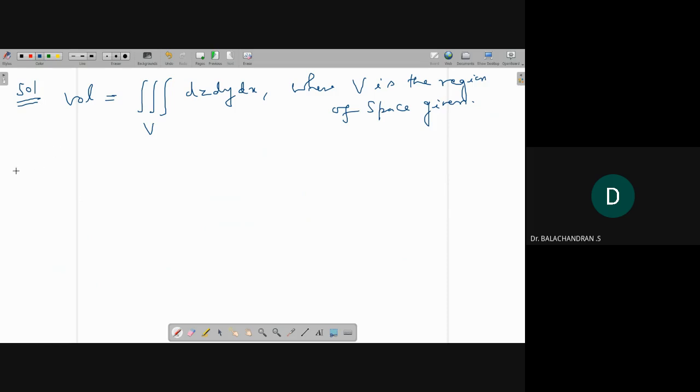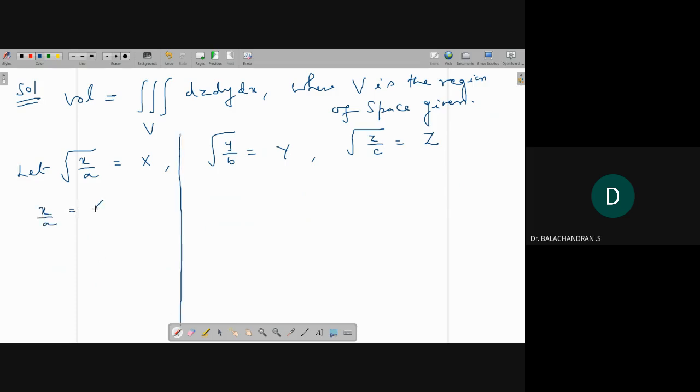So now I am going to substitute root of x by a equal to capital X, root of y by b equal to capital Y, and root of z by c equal to capital Z. So from this x by a equal to X square, x is equal to aX square, dx is equal to 2aX dX.